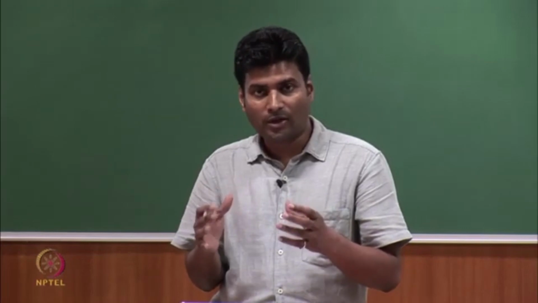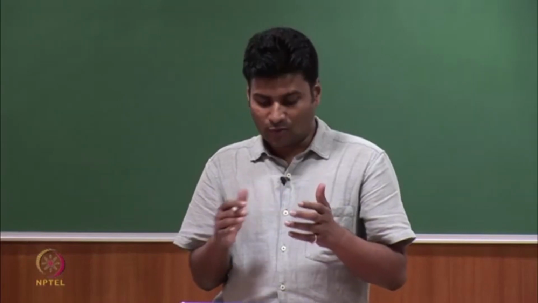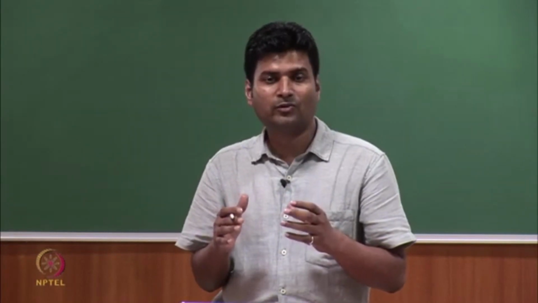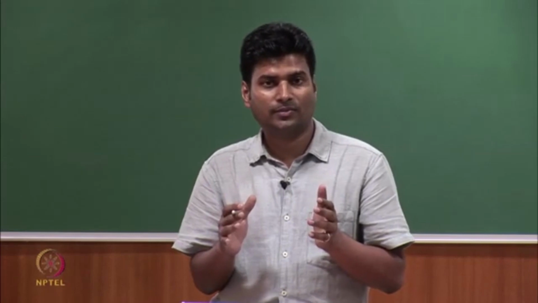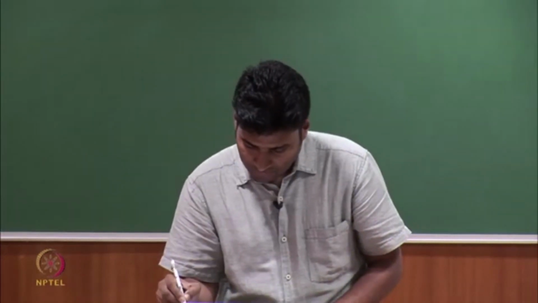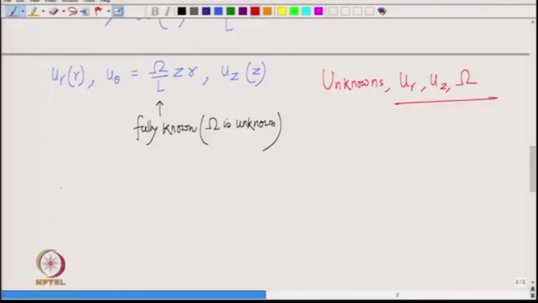So, we have done all this in the last class. So, the first goal would be now to find out the strain matrix in the cylindrical coordinate system. Okay. The strain matrix epsilon in r theta z coordinate system.